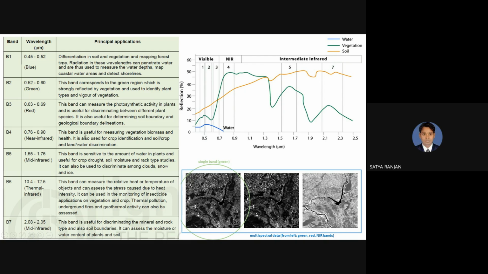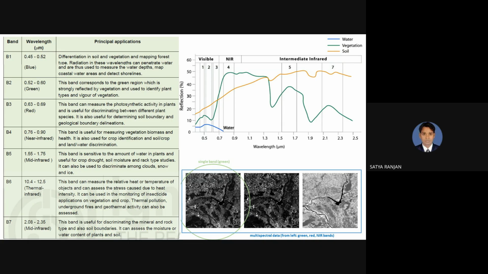These are very near bandwidths. Then the thermal infrared, 10.4 to 12.5 micrometer. It's a larger wavelength as compared to all these. This band can measure the relative heat or temperature of objects and can assess the stress caused due to heat. So it can measure the heat information in this wavelength.